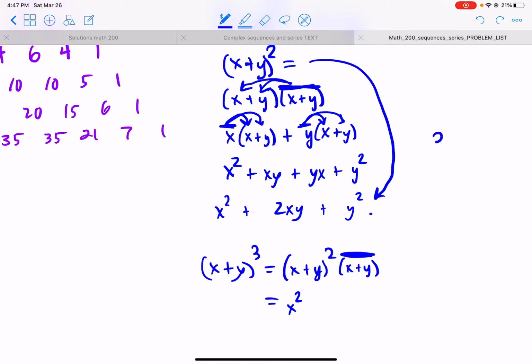Do you know this word? 3 terms. A term is something that's being added together. Whereas like 2xy has 3 factors. Because these are being multiplied together, we call them factors.